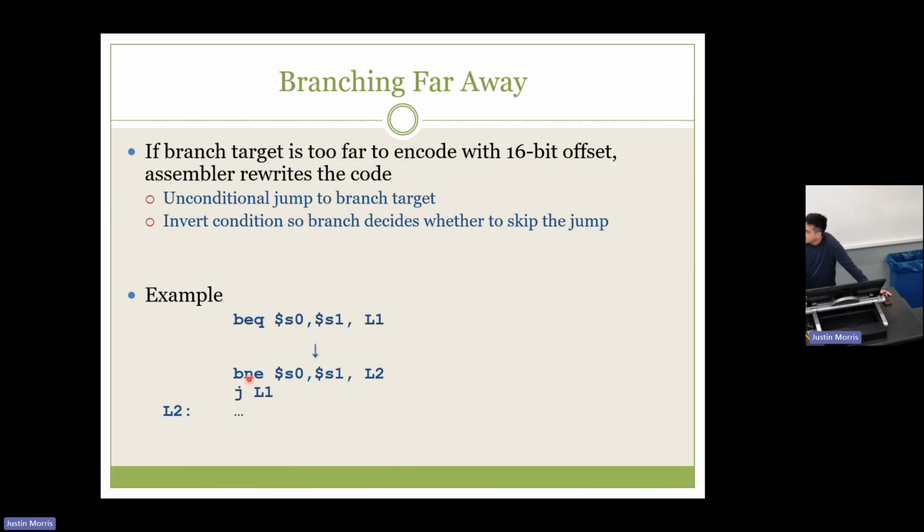But if they are equal, which was this condition, now we go to the unconditional jump and we can reach L1. So that's one way that the compiler or the assembler will rewrite the code to make sure you can still reach something that is not reachable by the 16 bits.